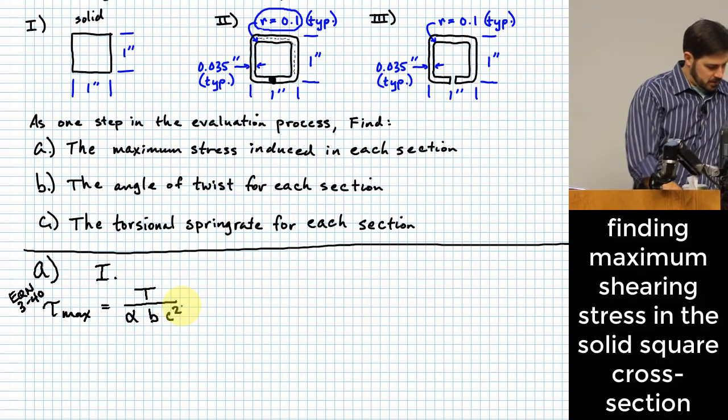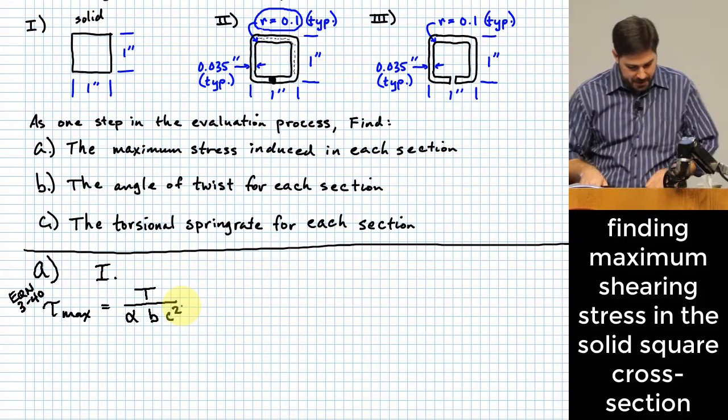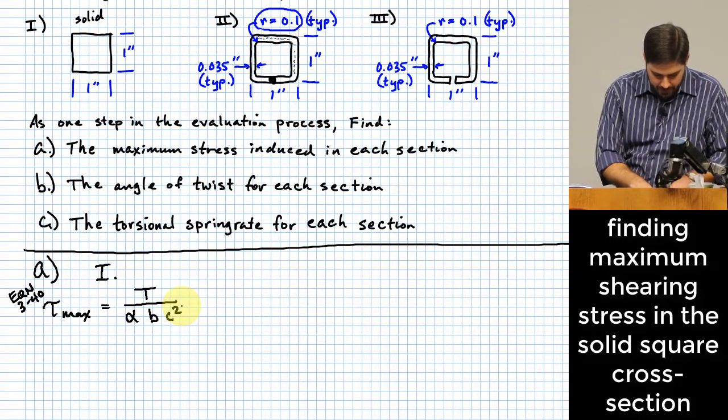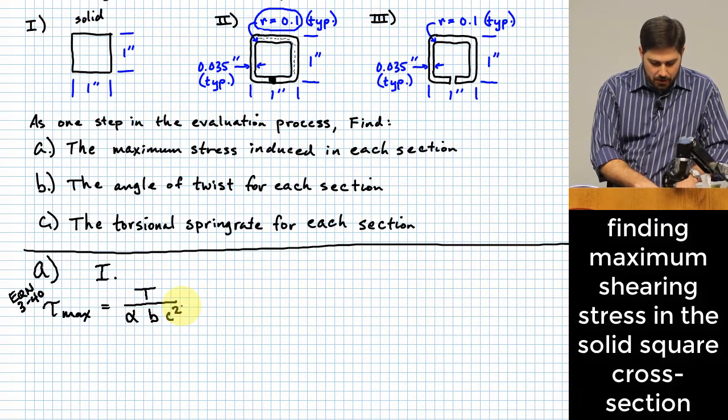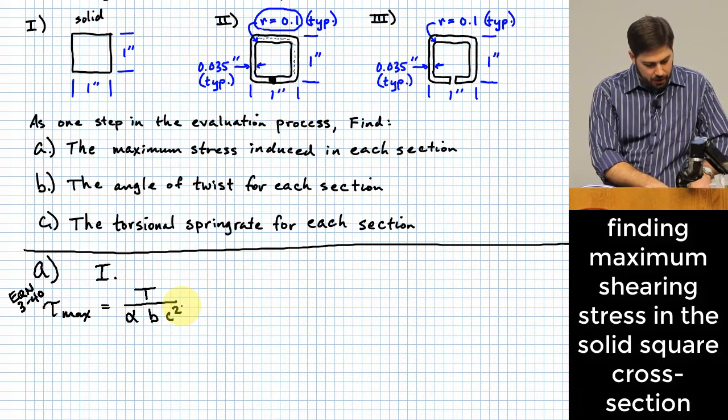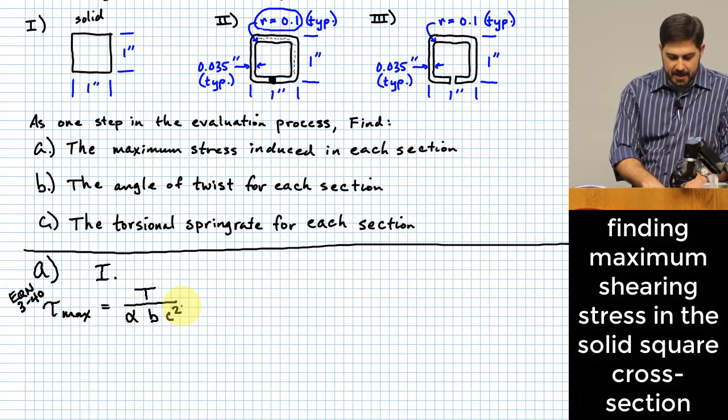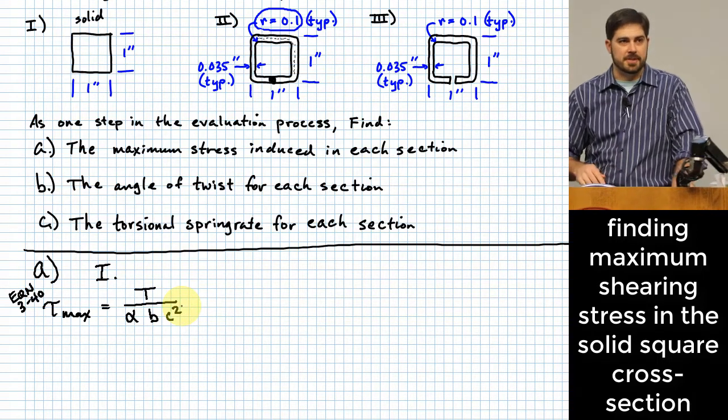Okay? And so we have to make sure we understand what each of these sides are. It says the maximum shearing stress in a rectangular B by C cross-section bar occurs in the middle of the longest side B. So B is your longest side.